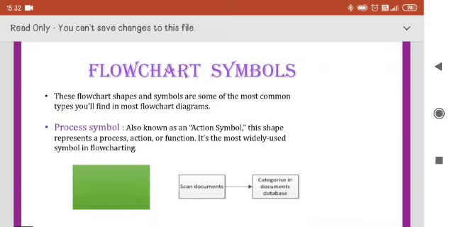Flowchart symbols. These are the basic and most commonly used flowchart symbols. First, the process symbol, which is also known as the action symbol. This shape represents a process, action, or function, and it is the most widely used symbol in flowcharting.